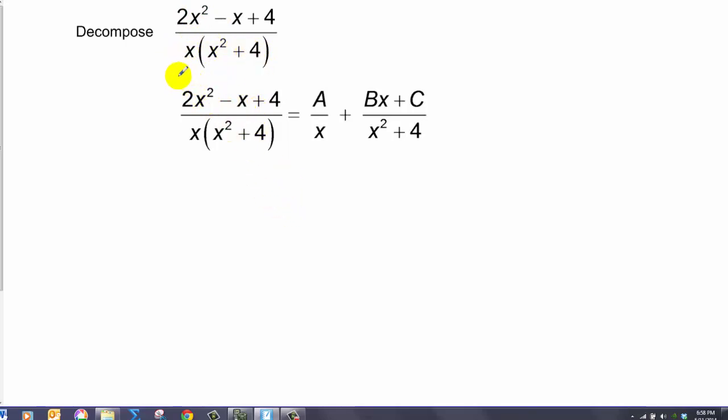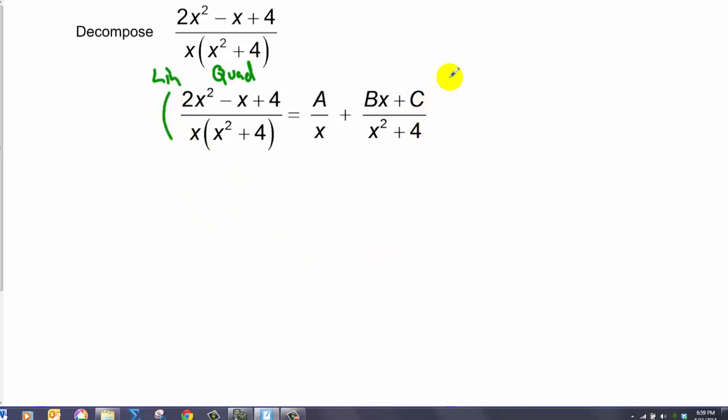I break this apart. I notice this term here is a linear and this term here is a quad. So when I have a linear as a factor, I have to have a constant over the top of it. When I have a quadratic as a factor, I have to have a linear over the top of it. Since I've already used a as a constant term, I use bx plus c as my representative linear function.